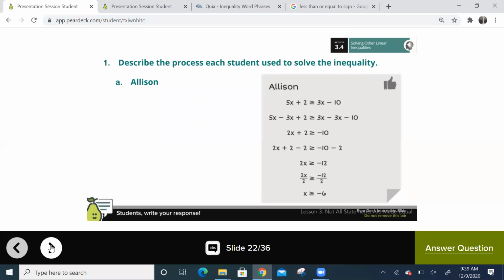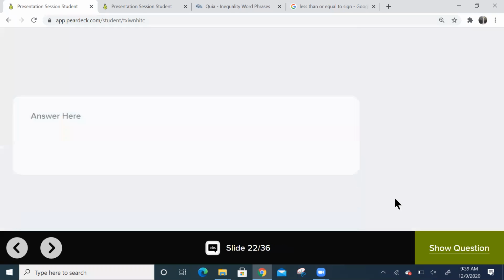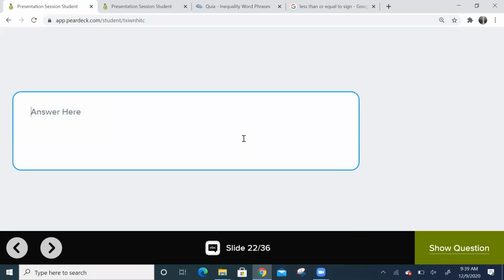So describe the process each student used to solve the inequality. Again, Allison subtracted 3x from both sides. By the way, that's how I would do it. I like to keep my x's on the left side.